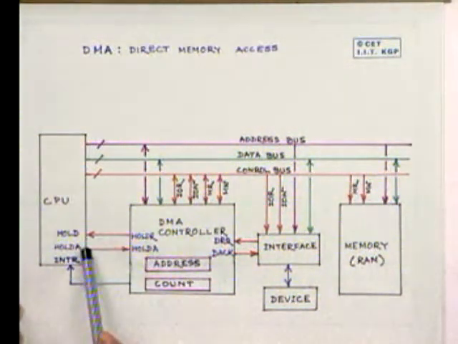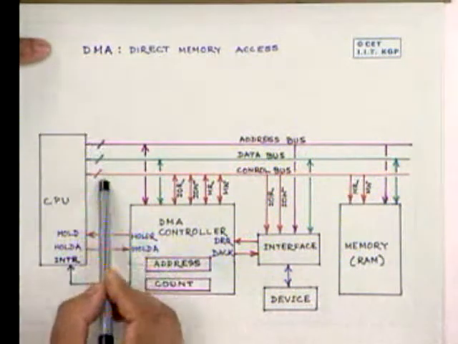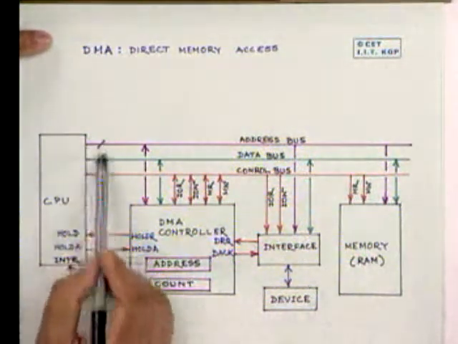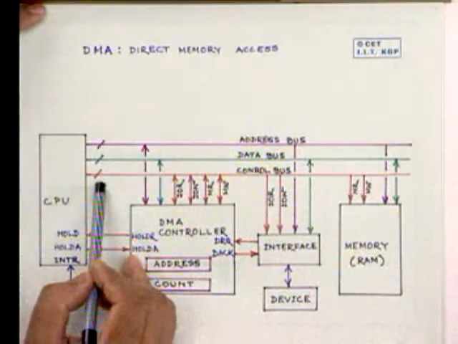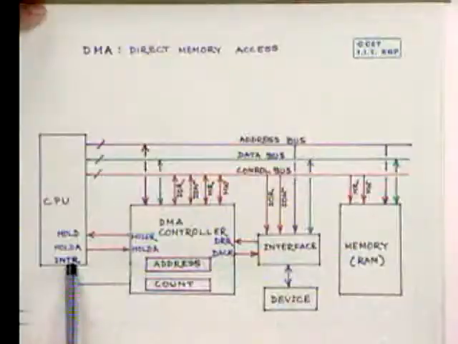Now, as the hold acknowledge is issued by the CPU, the CPU leaves control of all these 3 buses, the system bus. The CPU is the master of the system bus all along, until and unless the CPU relinquishes control over the system bus on its own. Now, here is a situation where the CPU relinquishes the control.